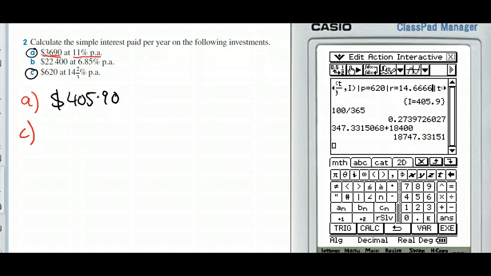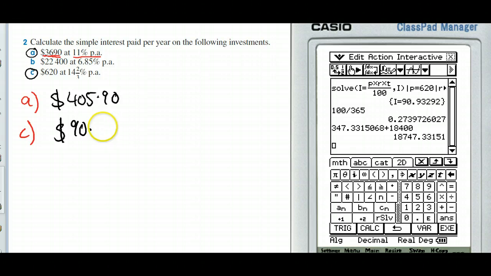Well, it's 6 recurring, so we can just put in a few sixes, and again the amount of time is 1 year, and then we get interest equals $90, and we'll round it off to the nearest cent, so $90.93. Okay, let's go to the next question.